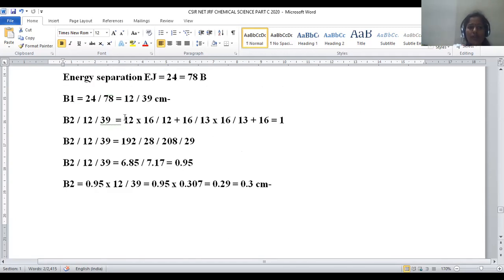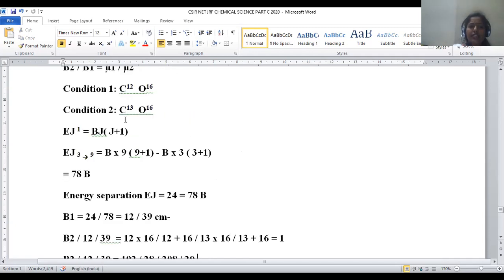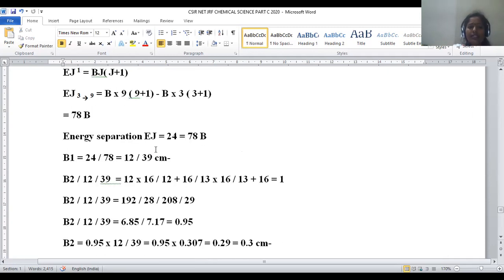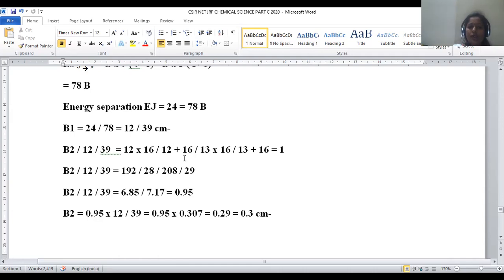To calculate the reduced mass, we take the mass of carbon into the mass of oxygen, divided by the mass of carbon plus the mass of oxygen. Here C12 carbon and oxygen 16 are provided, so it is 12 into 16 by 12 plus 16. This is for condition 1.